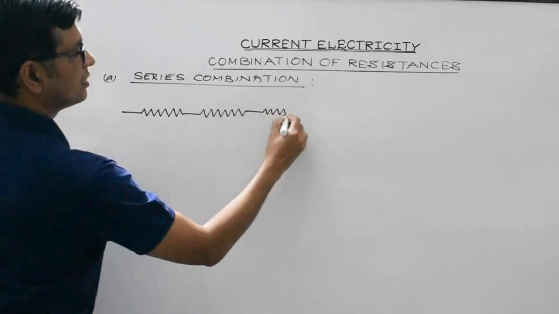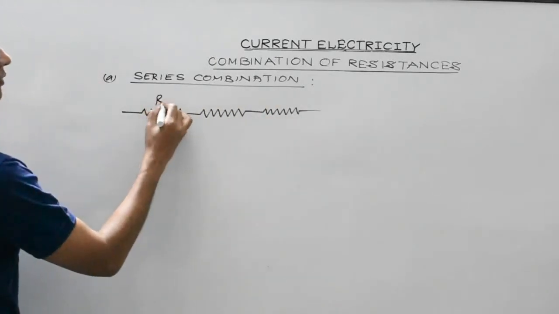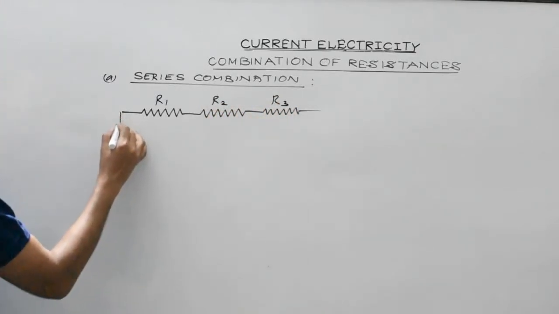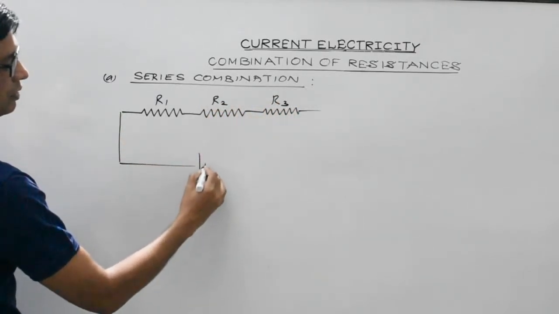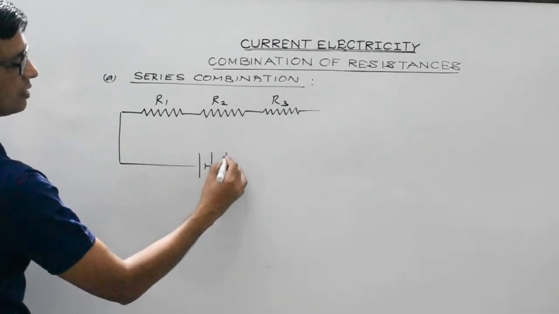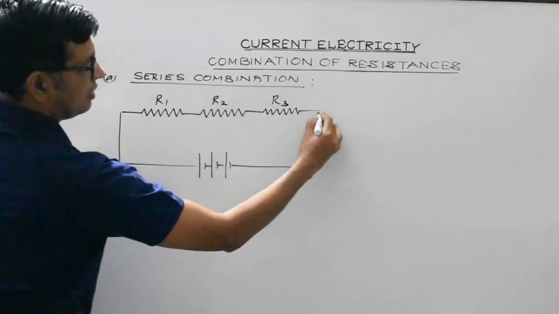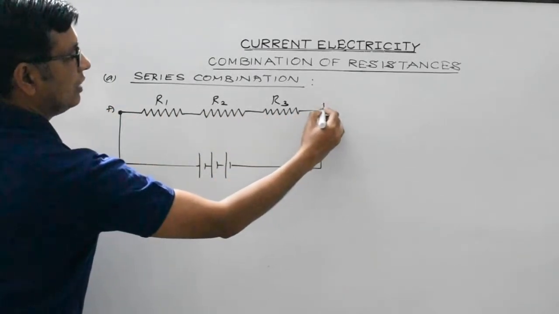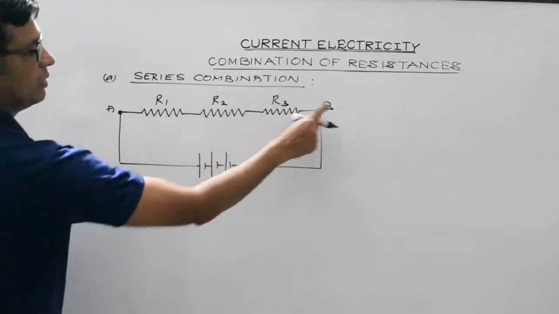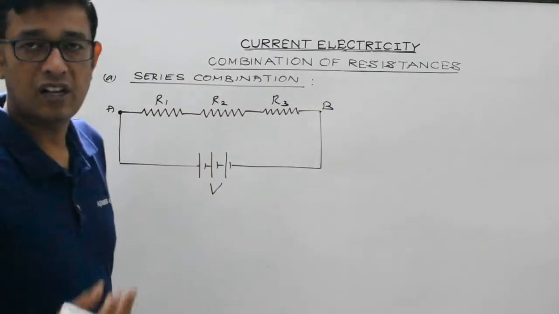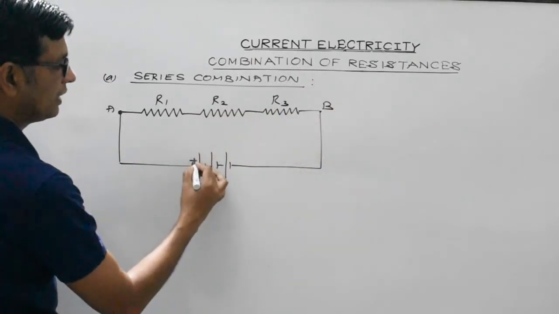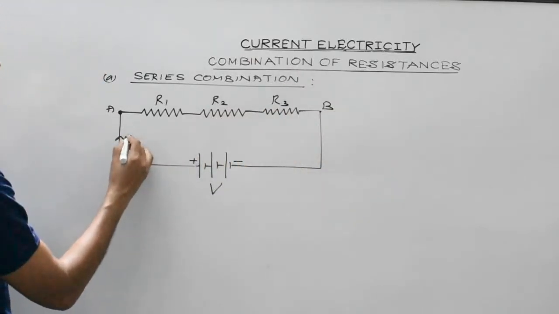They are connected across any source. This is a cell, as you are aware, a battery, and it provides a potential difference of, say, V between the points A and B. The conventional current is always from the positive terminal to the negative terminal. So the current would be like this.